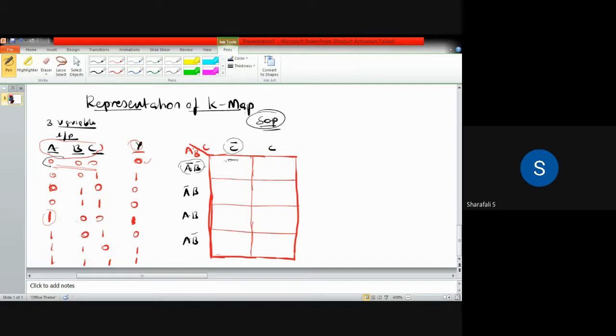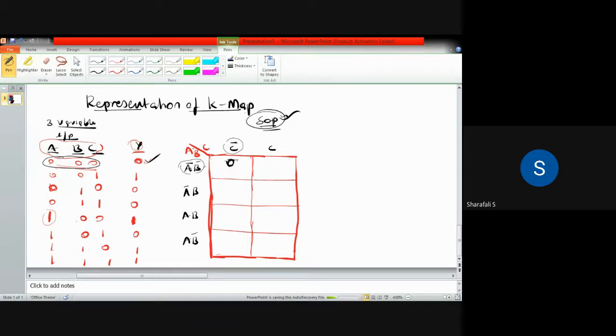It is nothing but this one, because 0, 0, 0 represents A bar, B bar, C bar, since in SOP A, B, C are represented by 1, 1, 1. So this particular cell is 0, 0, 0, and there you are getting output 0. So in this cell, we will be having output equal to 0.